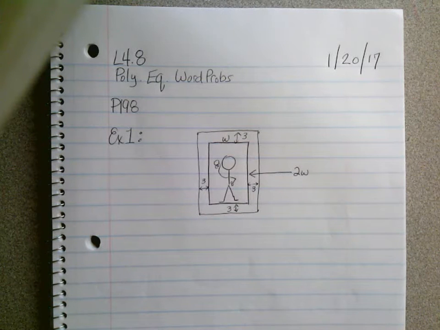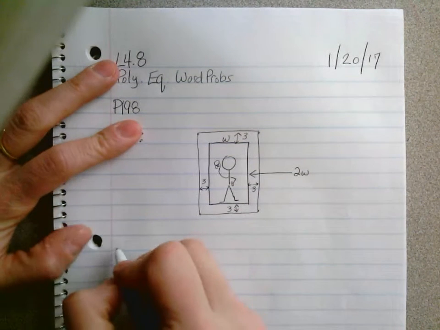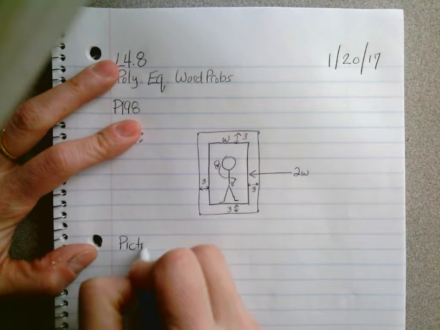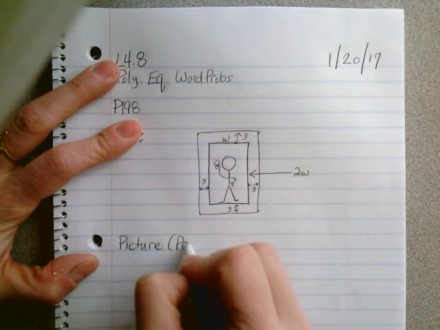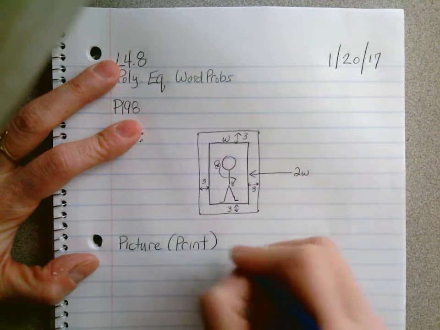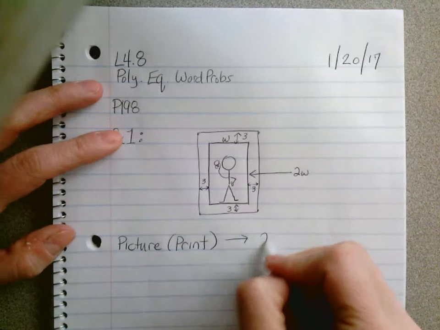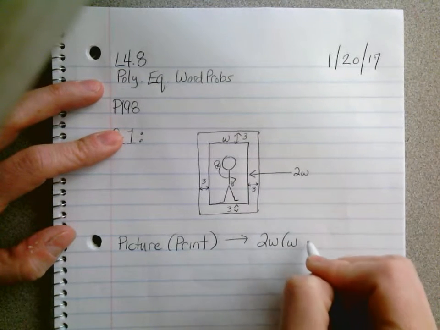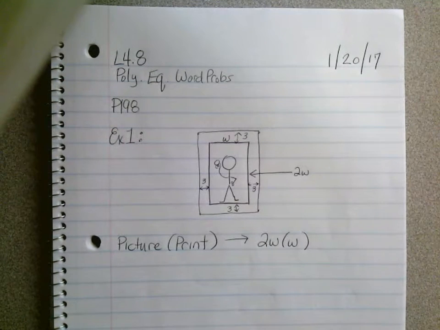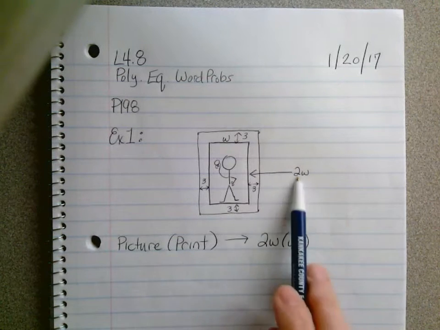Okay, so let me just break this down really quick. The picture itself, also known as the print, looks like this. 2W multiplied by W. Would you agree with me that that describes this and that?